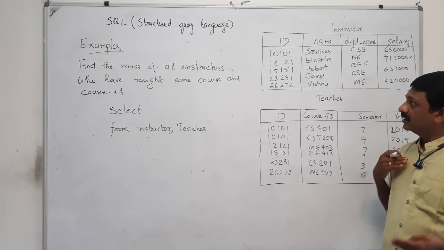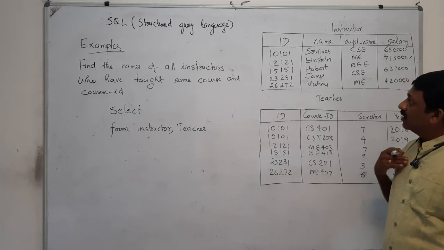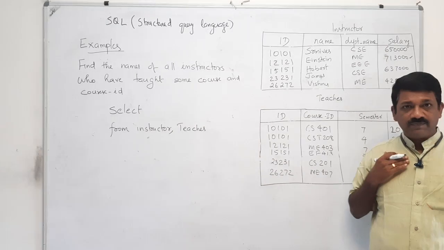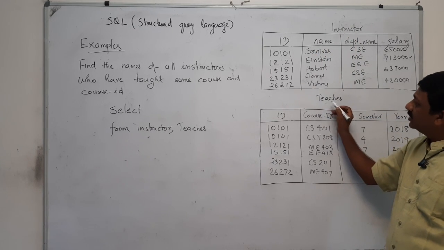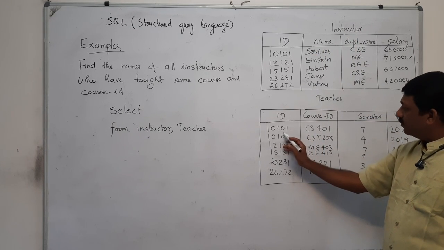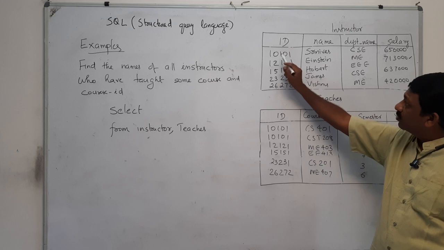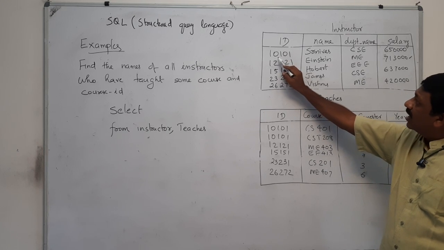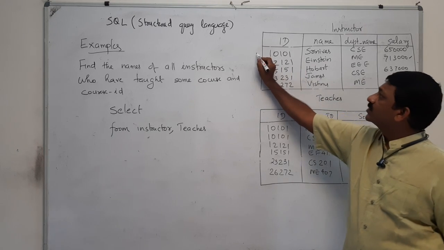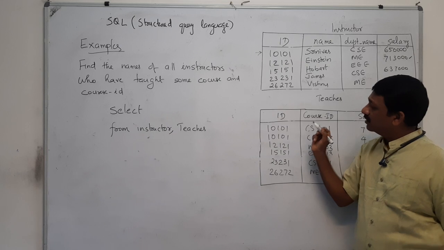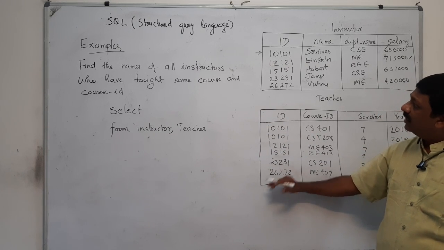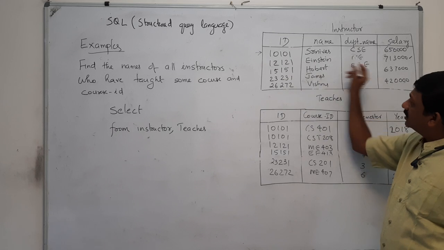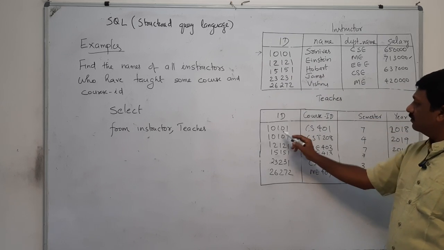From those 30 tuples, you can select those tuples which have instructor.id equal to teachers.id. When you are cross multiplying, the first row of this table will be multiplied by all these rows.